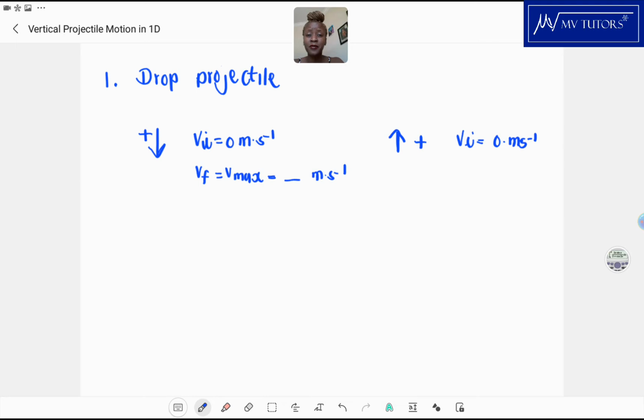But if you chose positive as downwards, then your final velocity will be positive as well, because it is going downwards, right? But if you chose upwards as positive, your final velocity will be a negative value. Now, like I said, with gravitational acceleration, because gravity is always going down, you will have a positive 9,8 meters per second squared. But here, because you chose up as positive, it'll be negative.